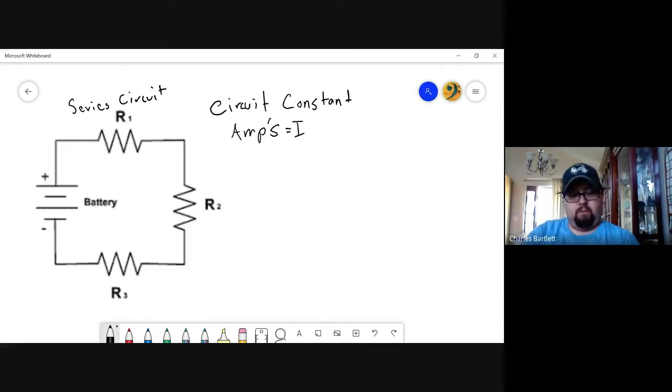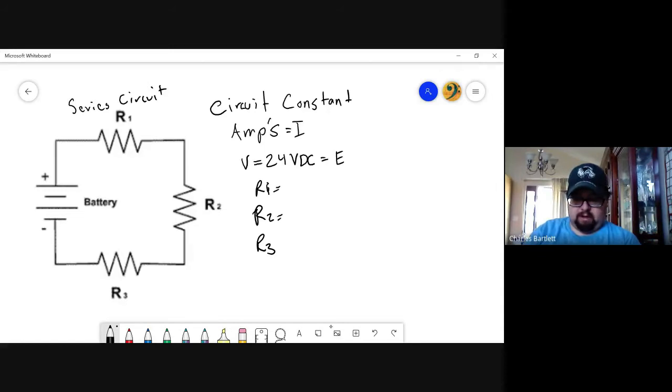So, how would we work a circuit like this if we give ourselves some values? Let's give ourselves a voltage of 24, a good battery voltage DC. And that's, of course, going to equal E. And we give ourselves a resistance for R1, R2, and R3.